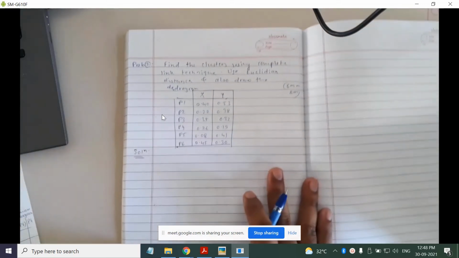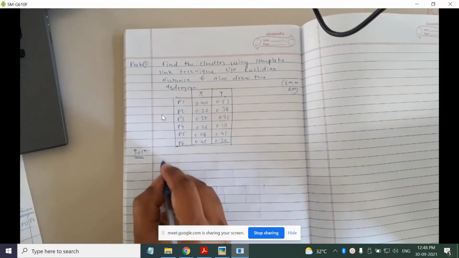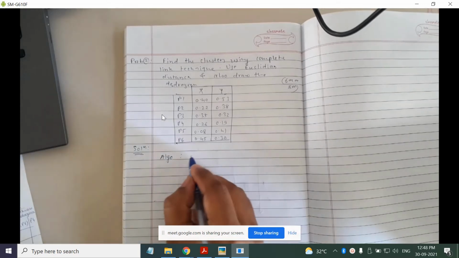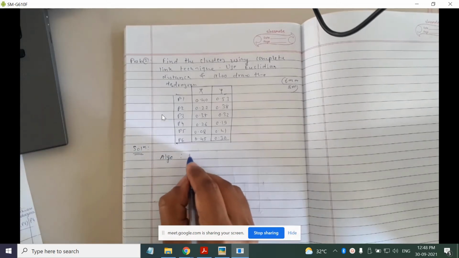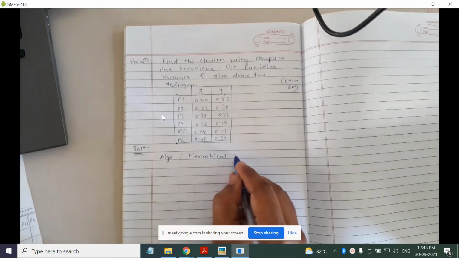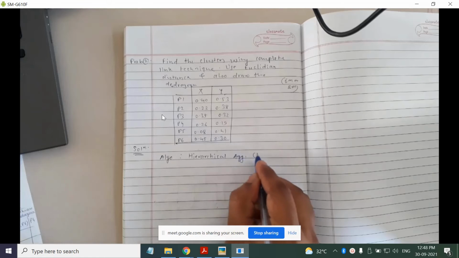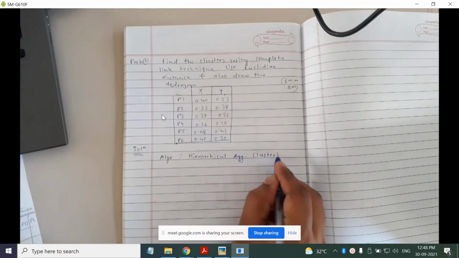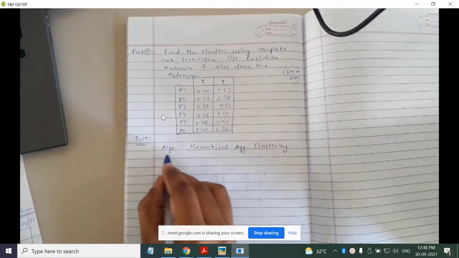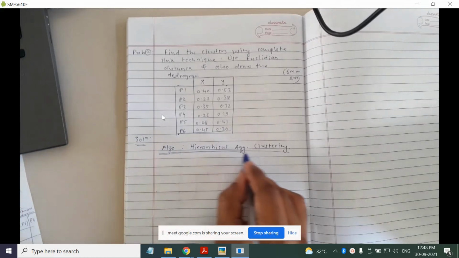But we need the algorithm. I have not written the algorithm of hierarchical agglomerative clustering, right? You know the process, but let us have a well written algorithm.